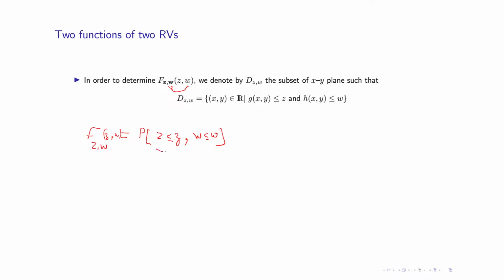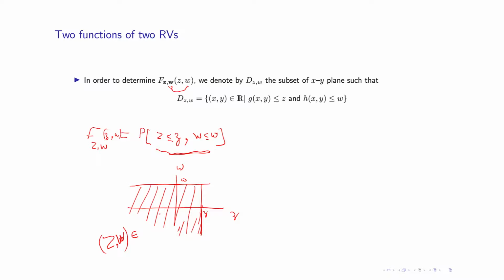So this event means that the random pair Z and W, if you look at these events, the real value z is somewhere here and the real value w is here. You want to find the probability that the random pair Z and W is inside this shaded area.